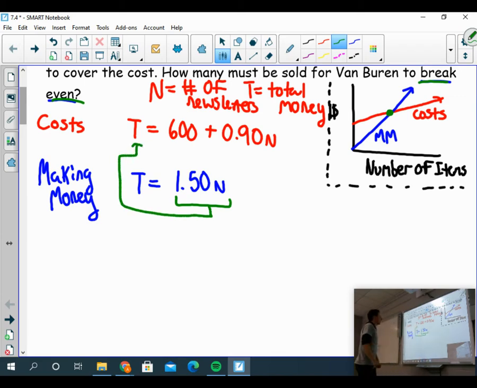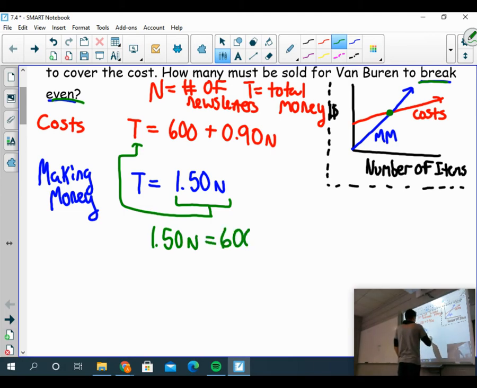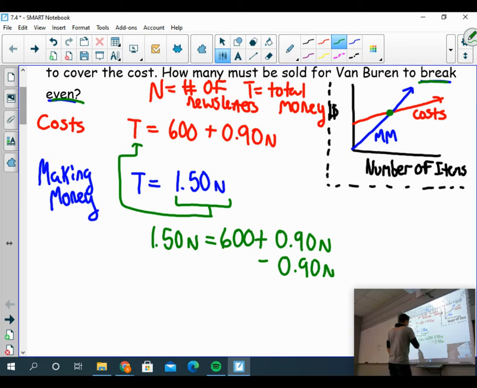So for T in the top equation, I'm going to plug in 1.50N. And now I have a single variable equation that I know how to solve. So what I will do is take away 0.9N from both sides.